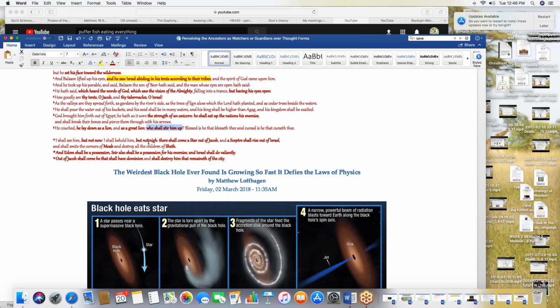There shall come what? A star out of Jacob, and a scepter shall rise out of Israel. I'm telling y'all, it's rising now. I'm going to give you evidence. It's rising up.